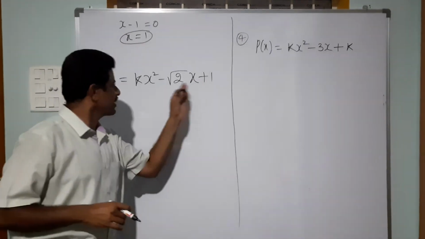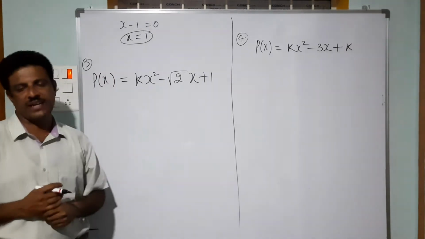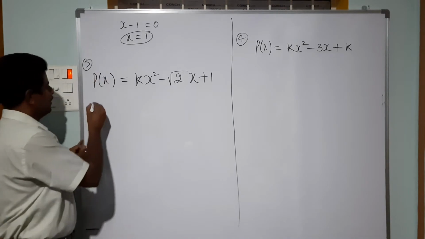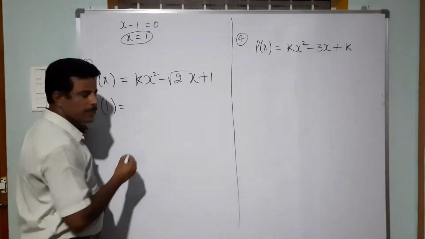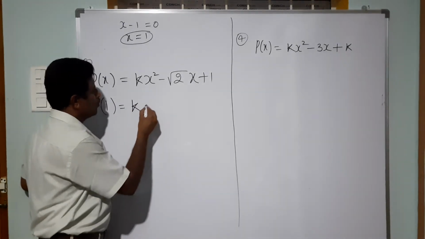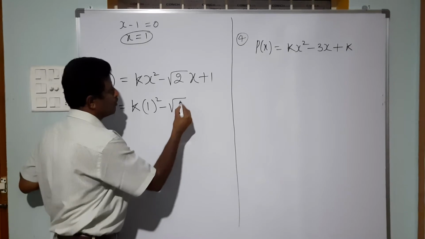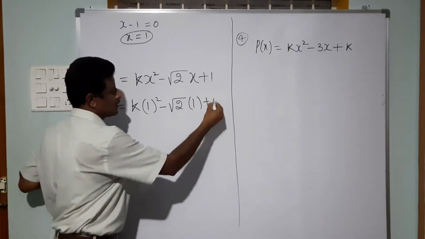P of x is equal to kx square minus root 2x plus 1. Same as x minus 1 is a factor. X minus 1 is equal to 0, x is equal to 1. So put in the place of x is equal to 1, p of 1 is equal to k into 1 whole square minus root 2 into 1 plus 1.